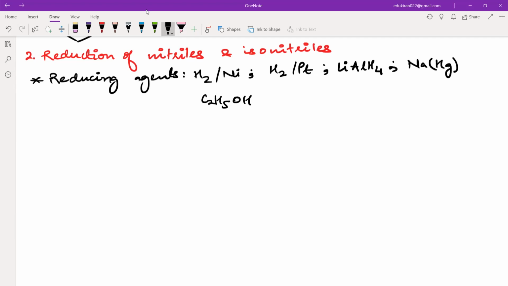So if I have CH3C≡N, a simple nitrile, then in the presence of LiAlH4 or any of the reducing agents, what is going to happen?